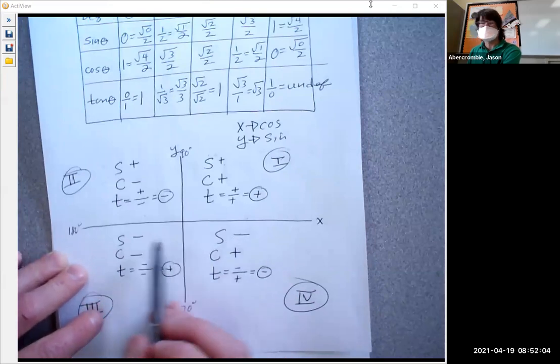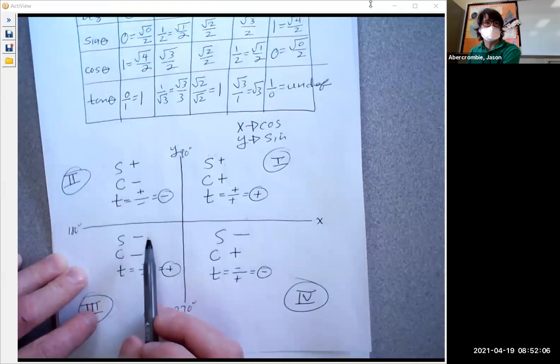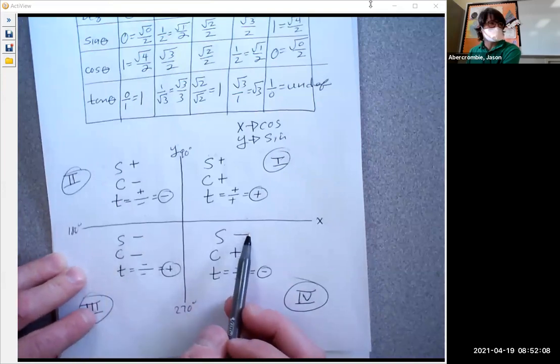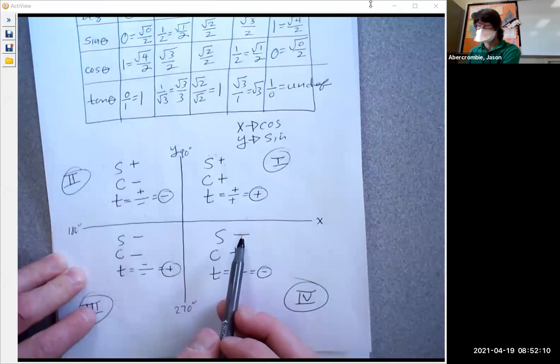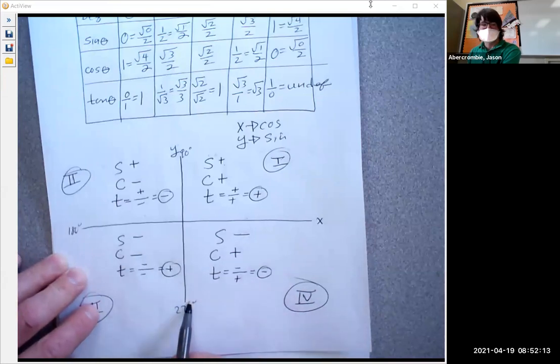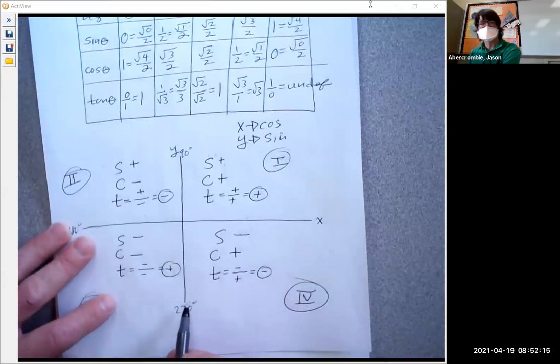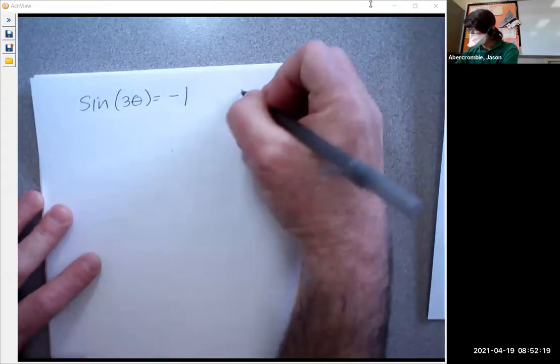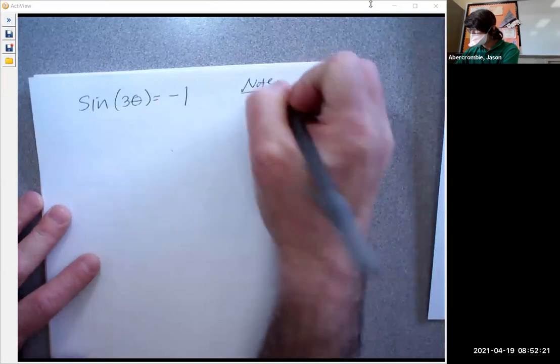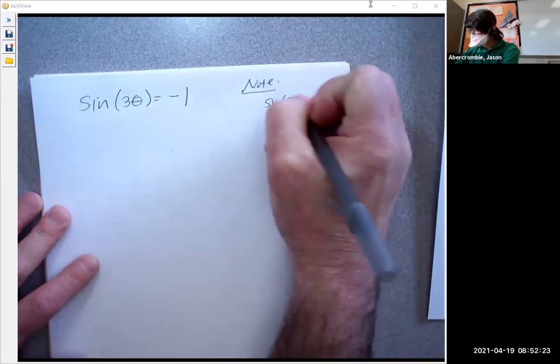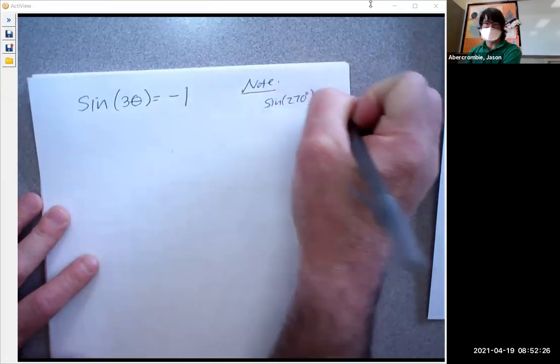Yeah, if you're on a number line and you start on a negative and end on a negative, then you skipped over all negatives. So sine of 270 is -1. Let's make a note: sine of 270 is -1.